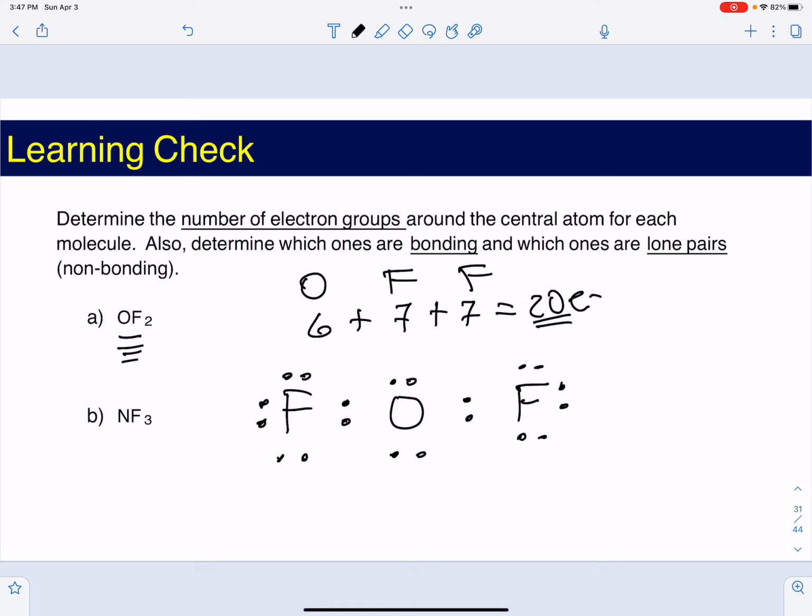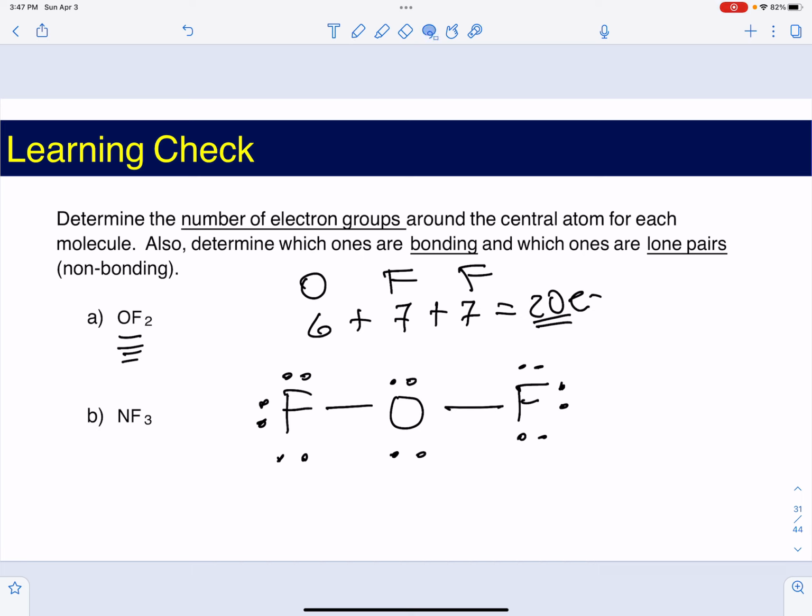So that would be the Lewis structure for that. And any 2 electrons between 2 atoms is the same as a bond.